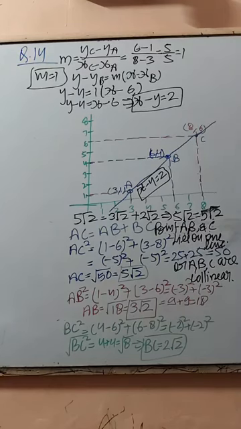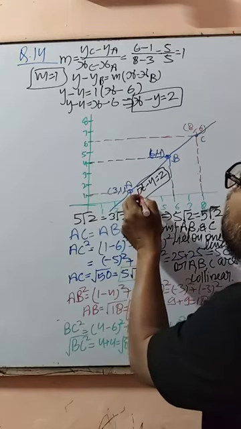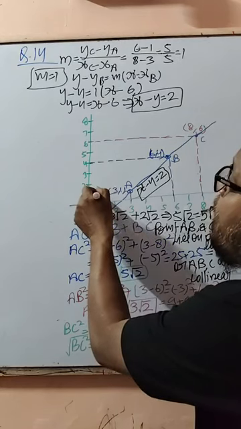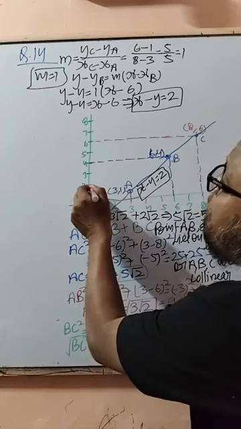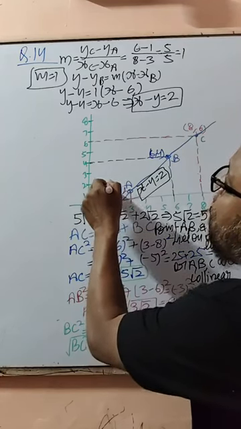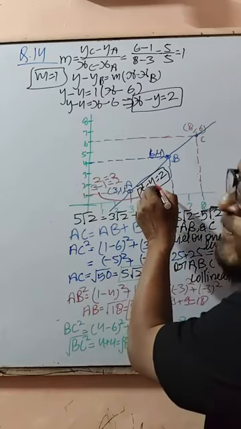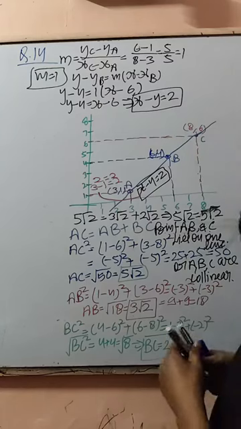नाउ इफ वी पुट द कोऑर्डिनेट्स तो क्या हो जाएगा? यहां पे क्या दिया गया? 3 minus 1 ना. तो अब आप इस इक्वेशन में इन वैल्यूज को रखो. So 3 minus 1 is equal to 2. So 2 is equal to 2. So they are satisfying the equation.